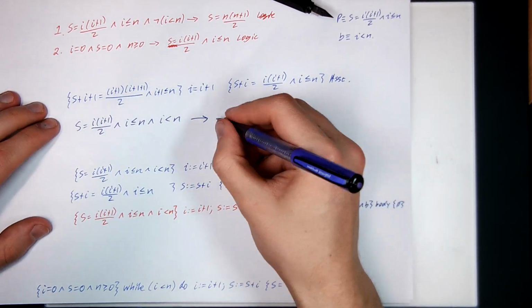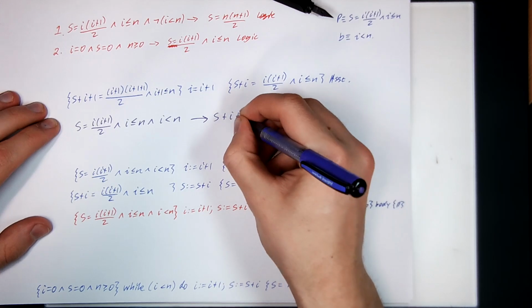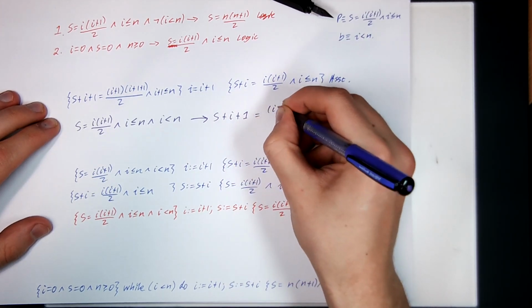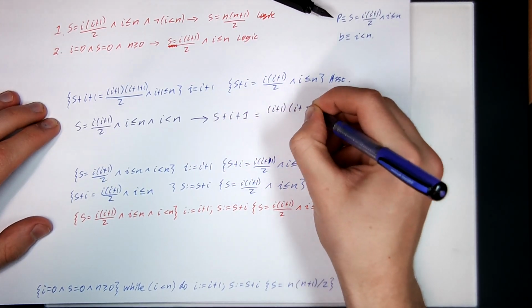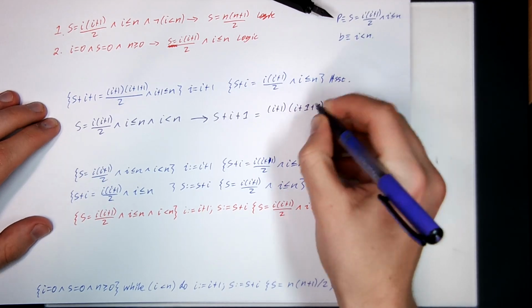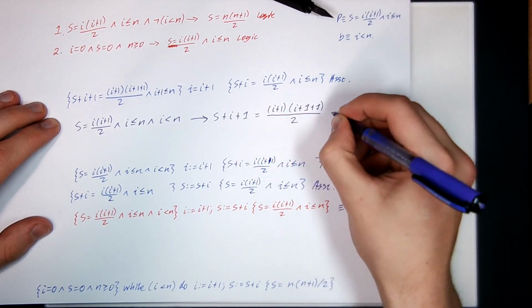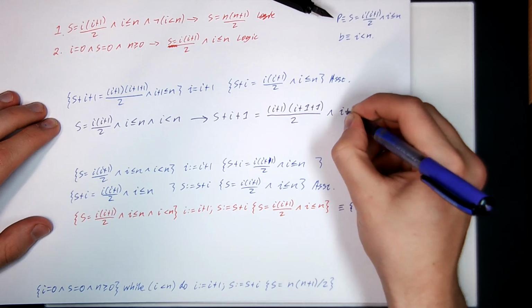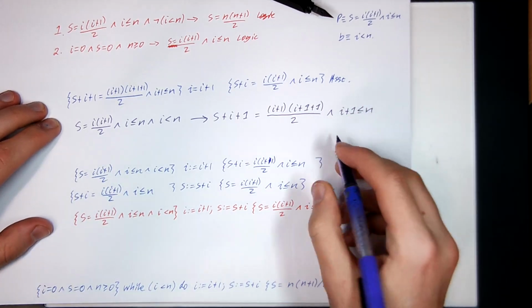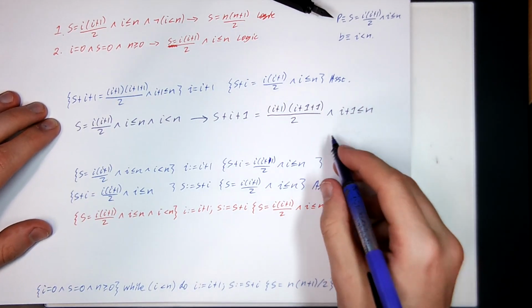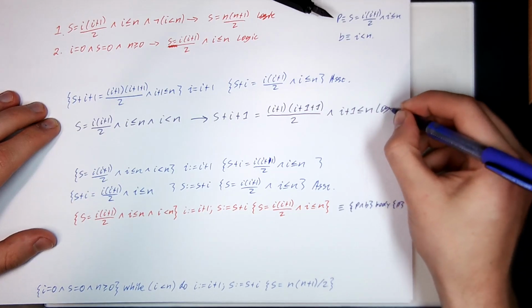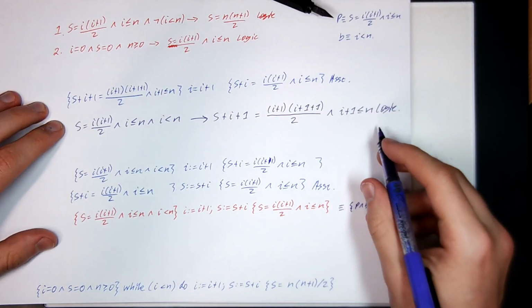So you should check that. S plus I plus 1 equals I plus 1, I plus 1 plus 1 on 2, and I plus 1 is less than or equal to N. It's a bunch of tedious algebra, but you have to do it. I'm going to assume you did it. I'm lazy, so I'm not going to.